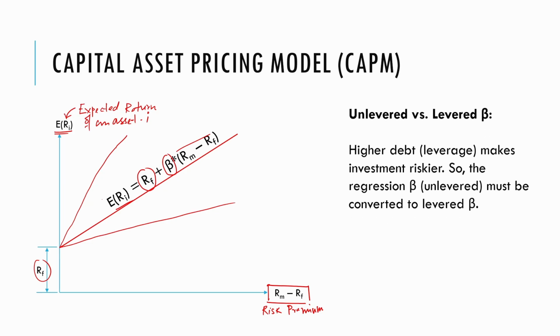So now another thing is, so far we were discussing beta in terms of unlevered beta. That means we were using the slope formula, if you can remember the slope formula. Why slope formula? You can see this is the slope. In this straight line, beta is the slope.